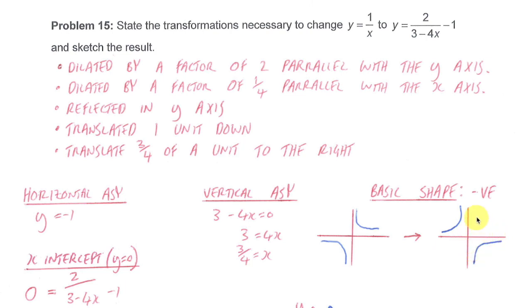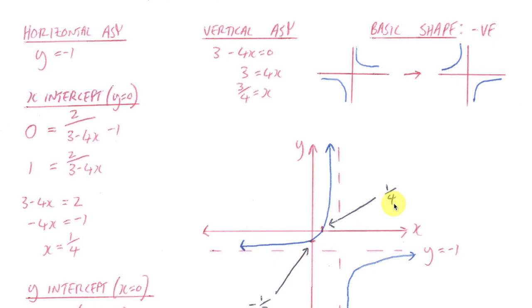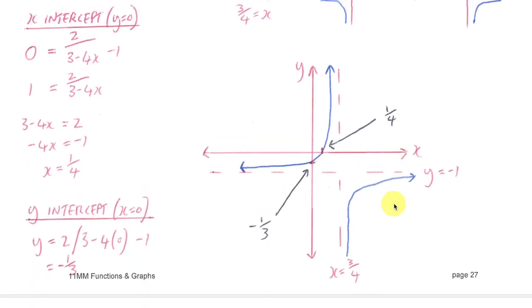That's been achieved by reflecting in the y-axis. So what was here is now there, and what was here is now there. The intercepts, x-intercept make y equaling 0, produce this, y-intercept, x equaling 0. Draw in my asymptotes, put in my intercepts, and then draw that basic shape through.